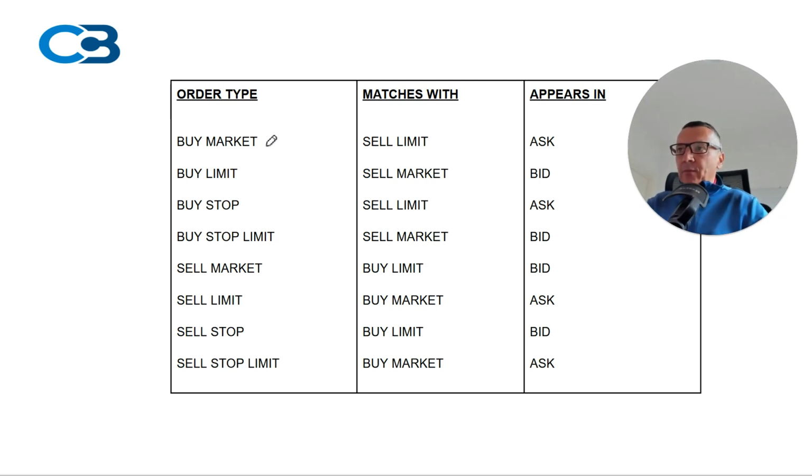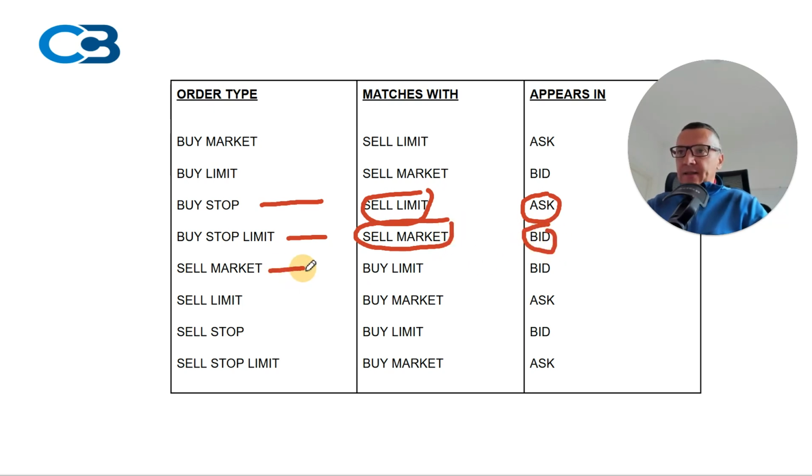So when a buy market matches with a sell limit, it appears in the ask. When a buy limit matches with a sell market, it appears in the bid. When a buy stop matches with a sell limit, it shows in the ask. A buy stop matches with a sell market, appears in the bid.